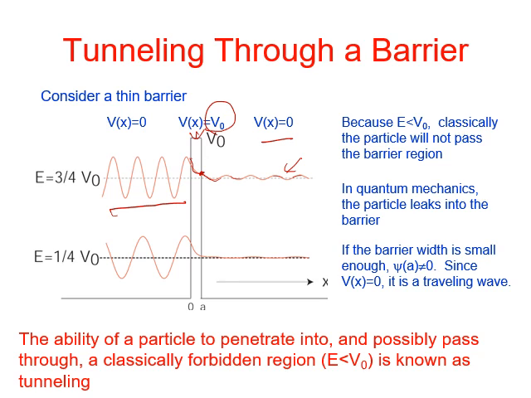And this gives you the probability that the particle gets out of the box. So in quantum mechanics, the particle leaks into the barrier, and this is called the tunneling effect. The ability of a particle to penetrate into and possibly pass through a classically forbidden region is known as tunneling.